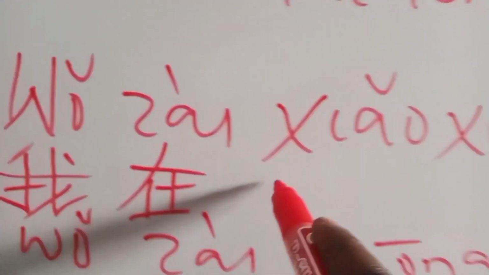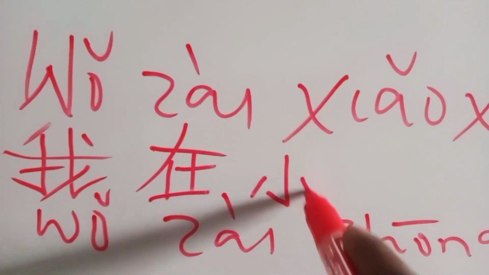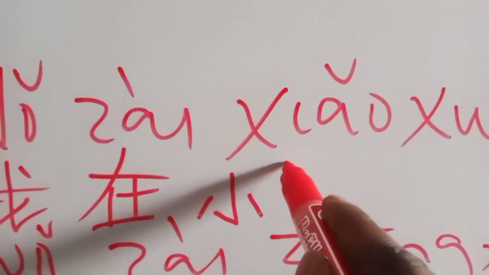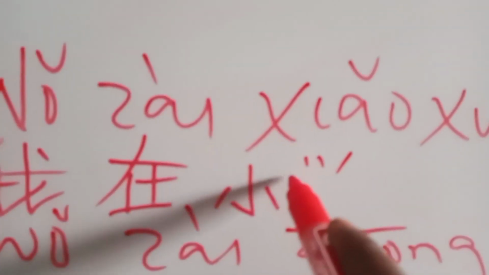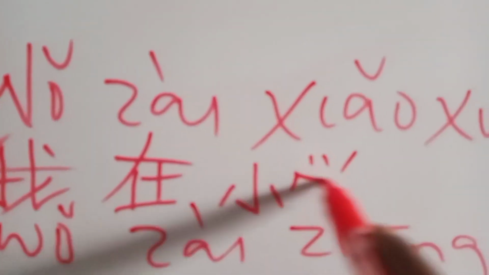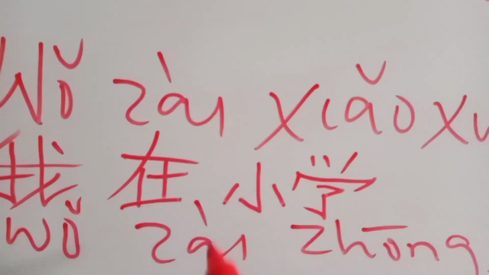我在小学. This is 小. Then 学. We wrote 学 a while ago. Two dots. Then this here. Do like this.